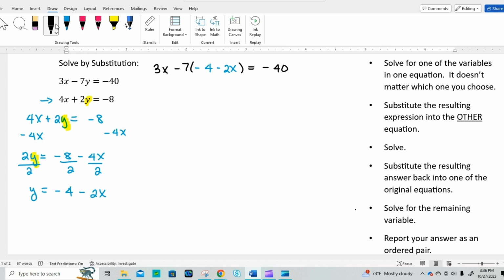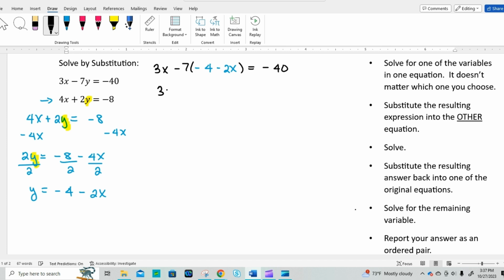And sometimes when I've done a lot of manipulation with this, I like to stand back for a second and just ask myself, do I only have one kind of variable in my equation now? And I do. I've got x's. So I've got 3x, and then I would have to distribute to figure out how many x's I have here, but they are just x's. So I know I'm on the right track.